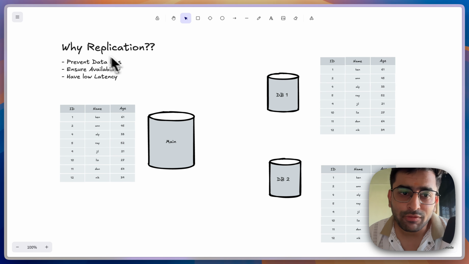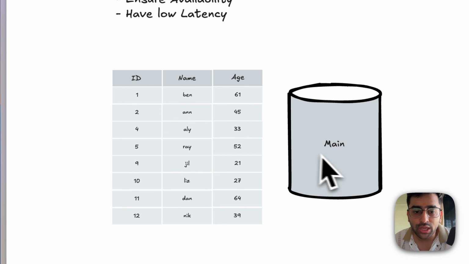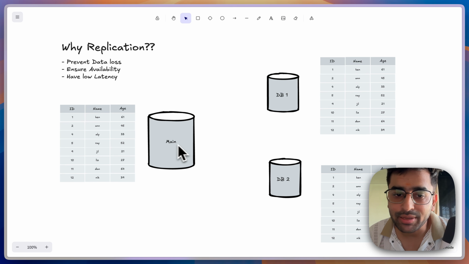The first question is, why do we need replication? Let's try to understand these three reasons one by one. Assume that this is the users table, which is only present in this database server. Due to some reason, this server got destroyed, or maybe the disk in this server got corrupted. It means that you have lost access to this data, right?